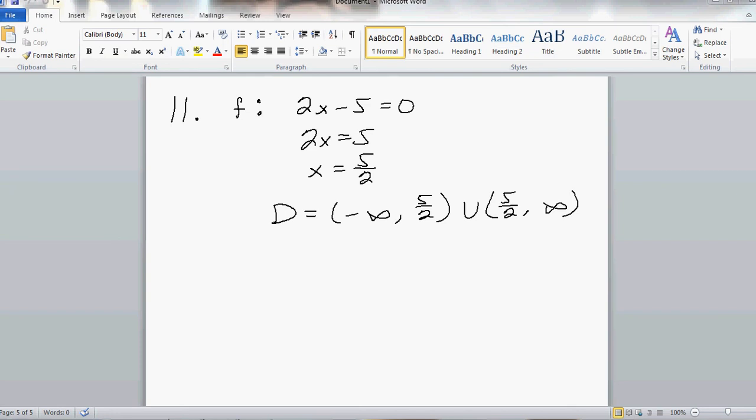Now the range, we have to determine, are there any values that it will never equal? Well, we have to think, will this ever equal 0? And the answer is no, because the only time that a rational expression or a rational number will equal 0 is if the numerator equals 0.